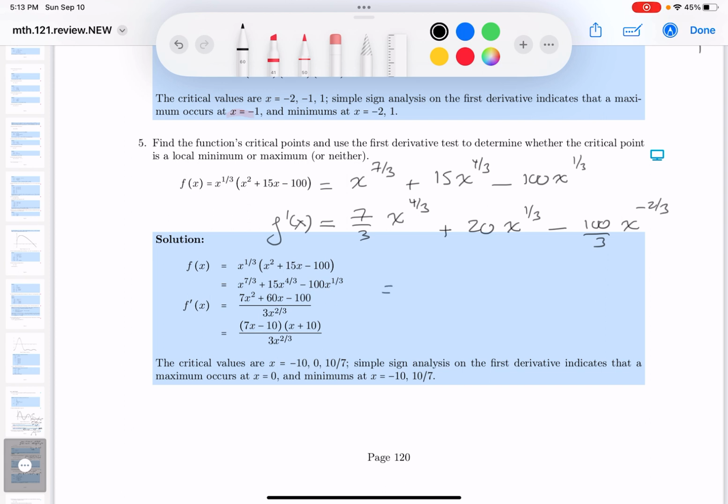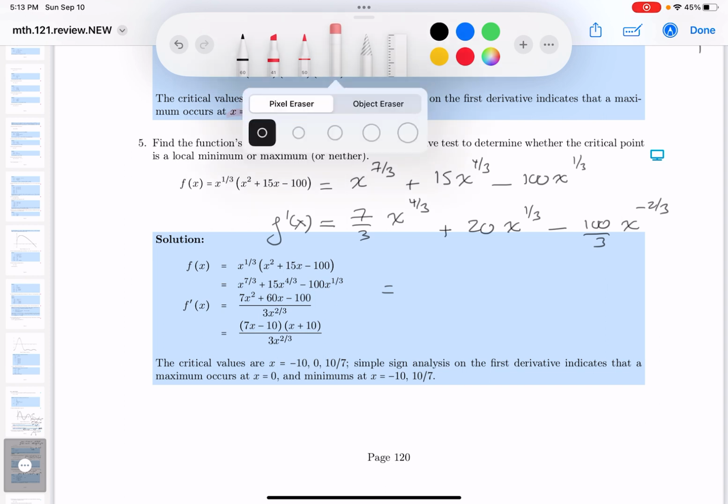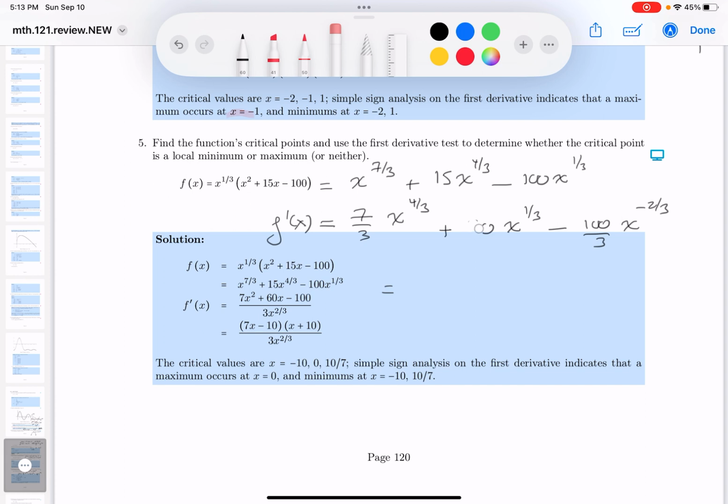Right. What I'm going to do here is get a common denominator. Before I do that, let me write the common denominator right down, because I'm seeing thirds all over the place. So 20 is the same thing as 60/3. What I'm going to do is factor out x to the minus 2/3.